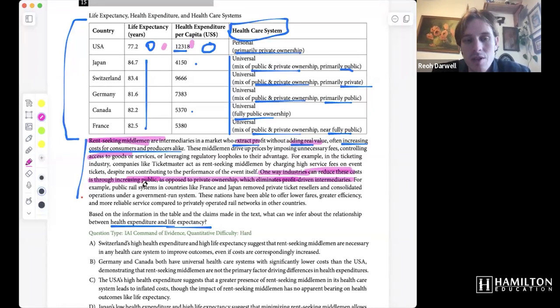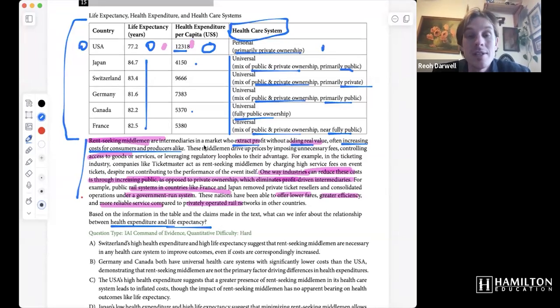We see rail companies, rail systems in countries like France and Japan removed private ticket reselling and led a government-run system. Now they have lower fares, greater efficiency, and more reliable service compared to privately operated rail networks in other countries. All right. So here's the connection. The United States has rent-seeking middlemen, right?